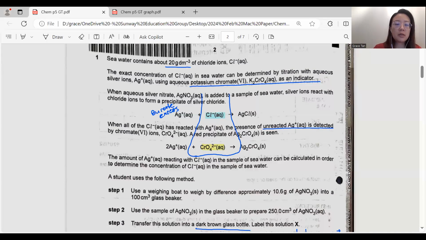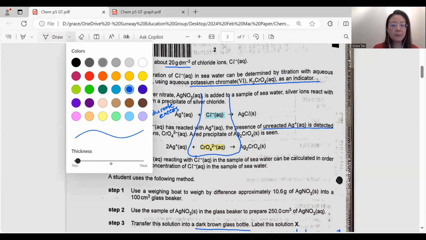Seawater contains about 20 grams per dm cube of chloride ions. The exact concentration of the chloride in the seawater can be determined by titration with aqueous silver nitrate using aqueous potassium chromate as an indicator. So when aqueous silver nitrate is added to a sample of seawater, silver ions will react with the chloride ions to form a precipitate of silver chloride.